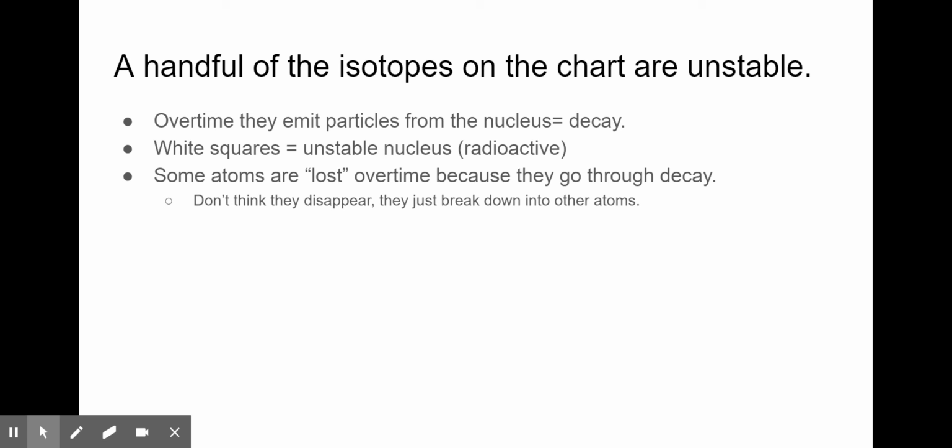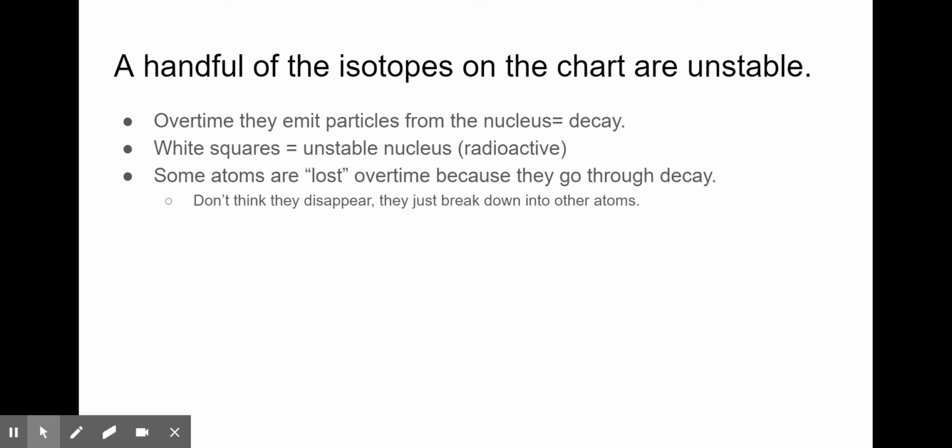A handful of isotopes on the chart are unstable. This means that over time they emit particles from the nucleus, they break down, they decay. The white squares on the graph designate these unstable isotopes. These are also called radioactive isotopes. And this means that some atoms are, quote unquote, lost over time because they undergo radioactive decay or they spontaneously emit particles from their nuclei.